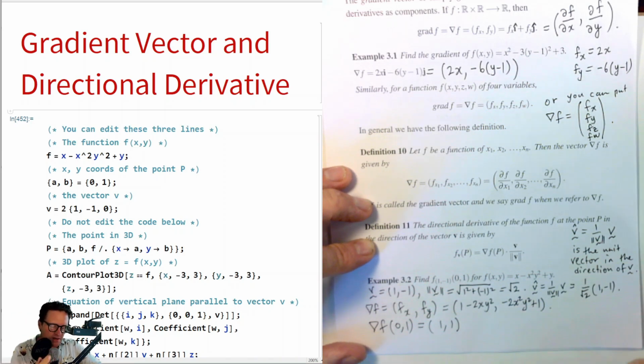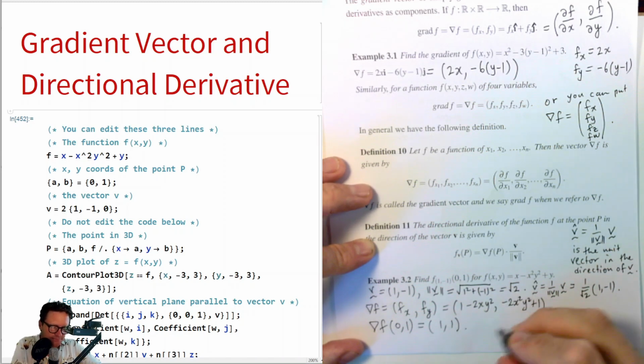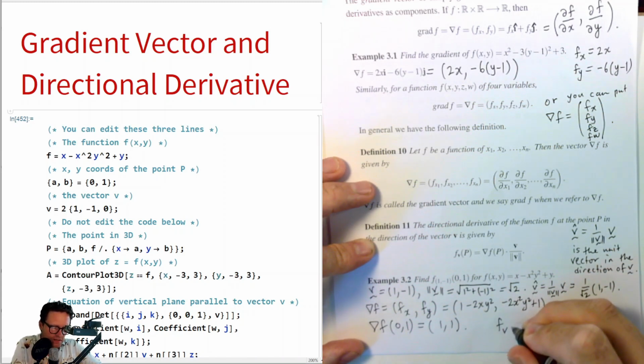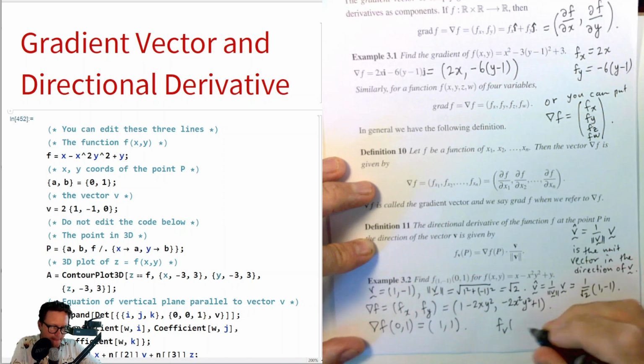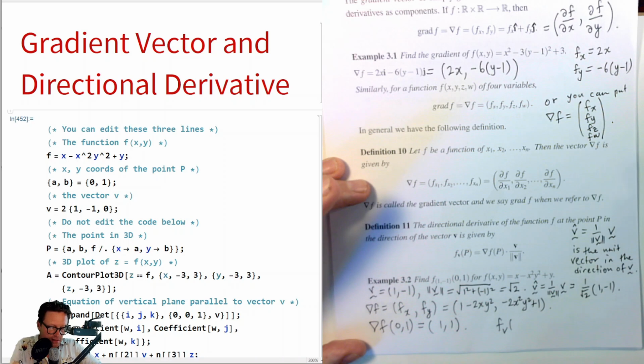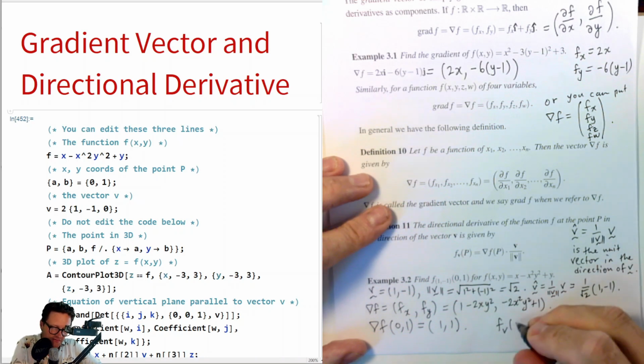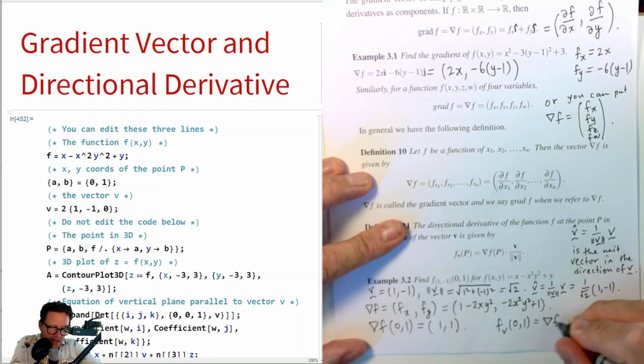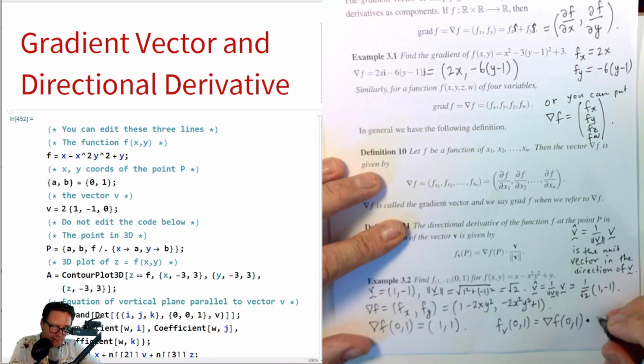All right, and so next we need to take f subscript v at, what was the point again? Where was it? p is (0, 1). Okay, so f subscript v at (0, 1) equals grad f at (0, 1) dot, that's the dot product, 1 on root 2 times (1, -1). Okay, so we can pull this out the front because it's just a scalar.